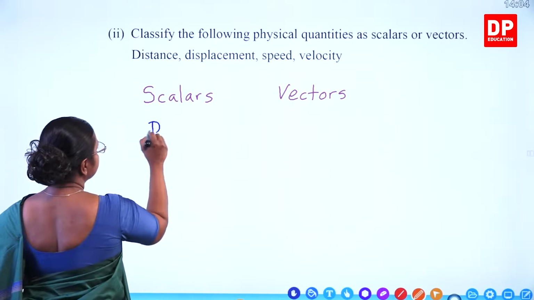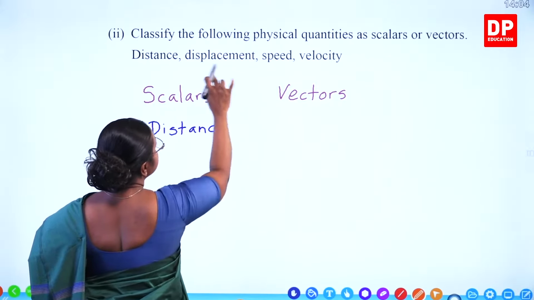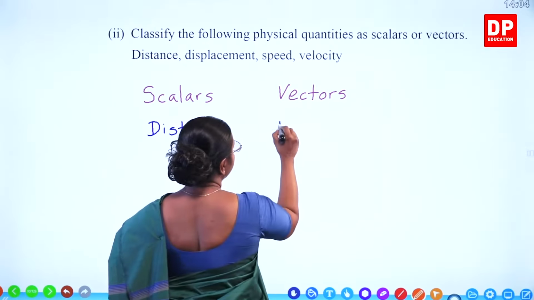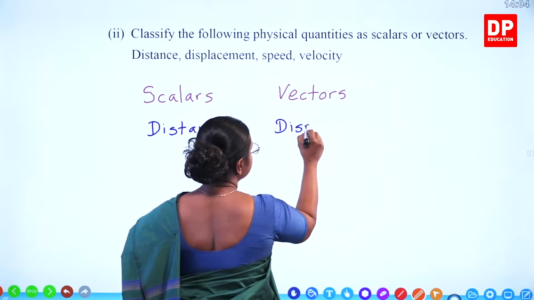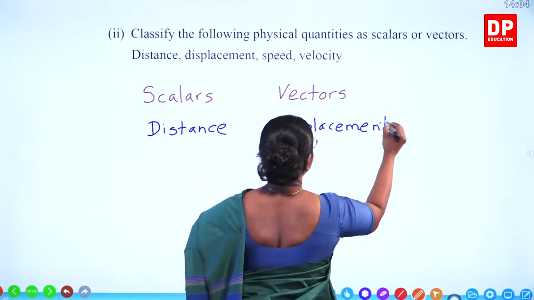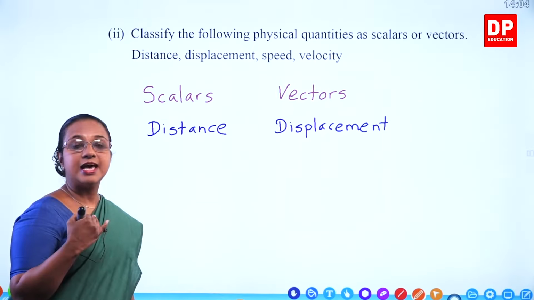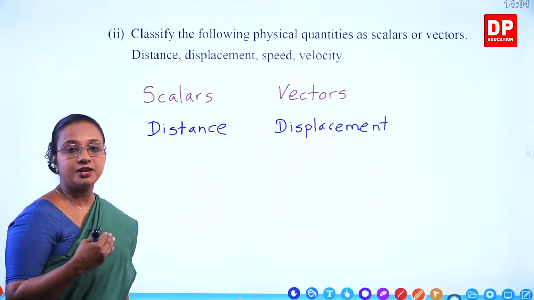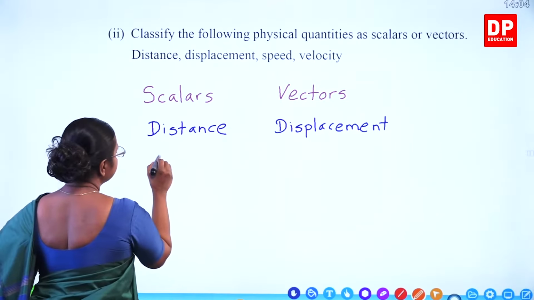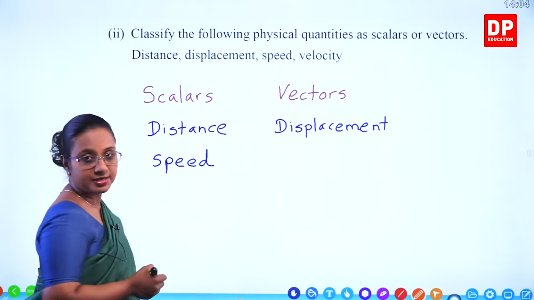So, distance is a scalar quantity. Then displacement on the other hand has a direction. So, therefore, displacement is a vector quantity. Then we have speed. Speed again doesn't have direction. It is the rate of change of distance. So, here it is the speed that comes under scalar quantity.